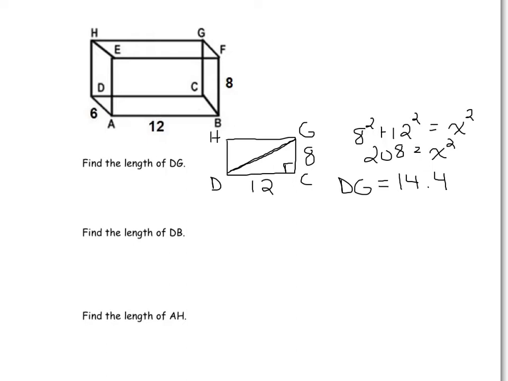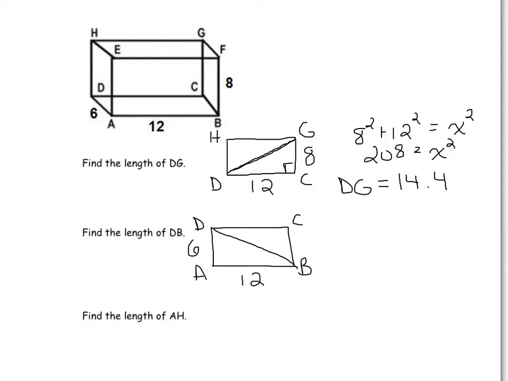Now the next one is talking about DB. Well, here's D and here's B. So we're looking at this rectangle on the bottom. So I would redraw just that rectangle. That had D, C, B, A. It's the one on the bottom. D to A was 6. A to B is 12. And we're looking for that length DB.